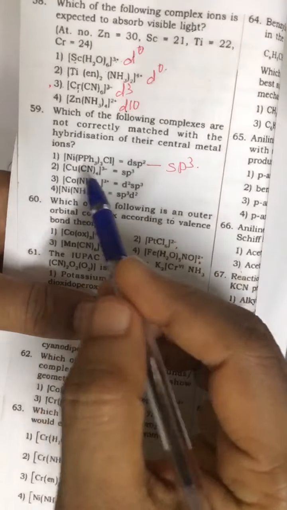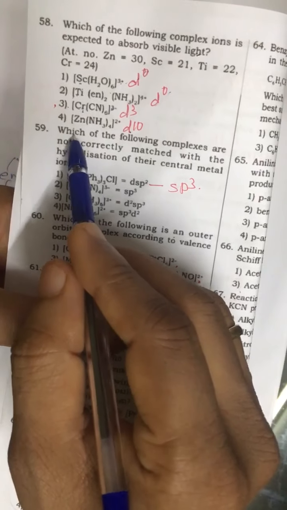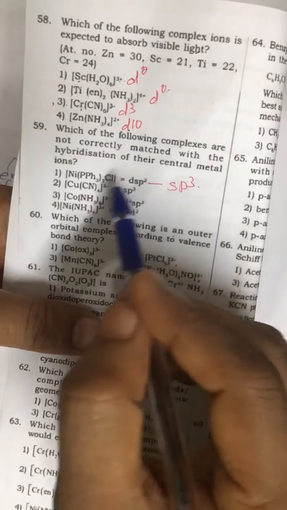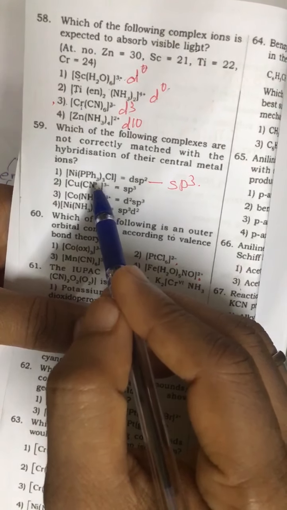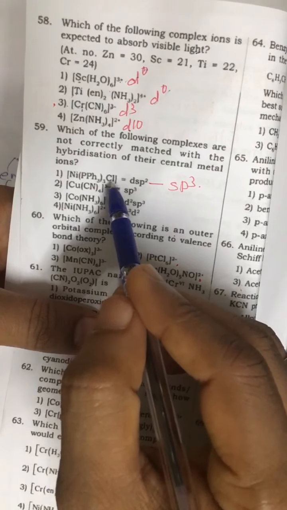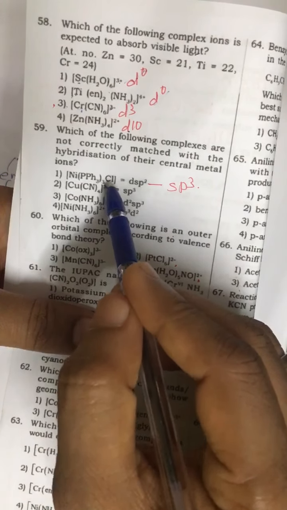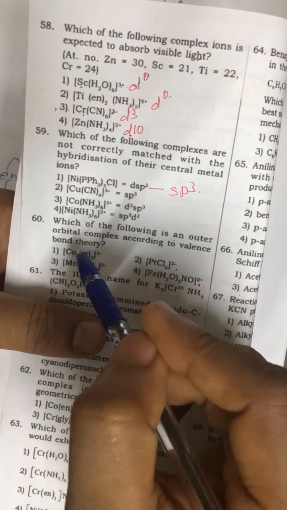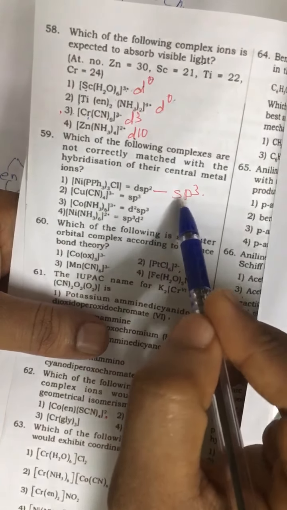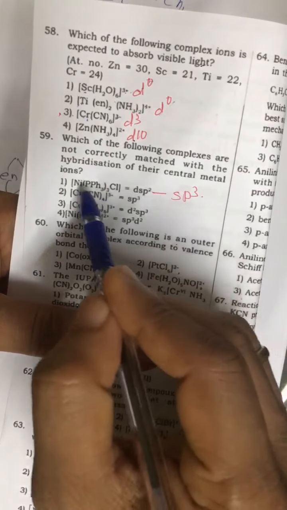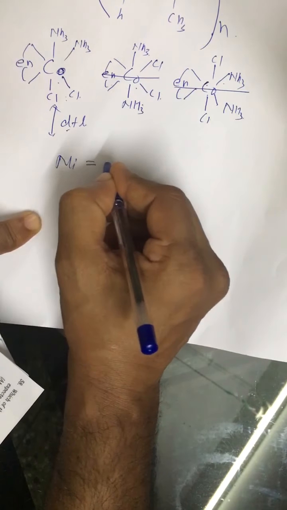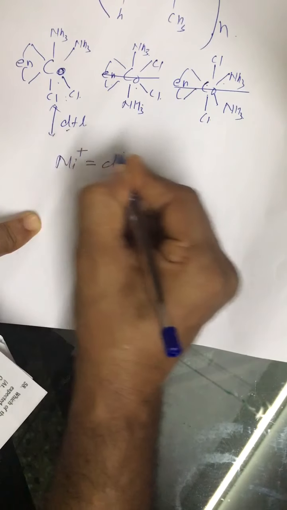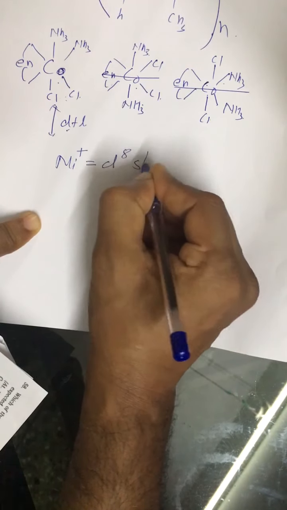Look at question number 59. Right. Which of the following complexes are not correctly matched? This complex, that is chloridotris(triphenylphosphine)nickel, is dsp2. It is basically sp3. It is nickel single positive. So look at nickel has d8s1 configuration. All right, and it is positive. That means it is d8s1 configuration.